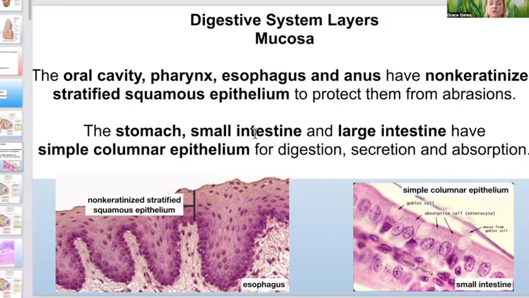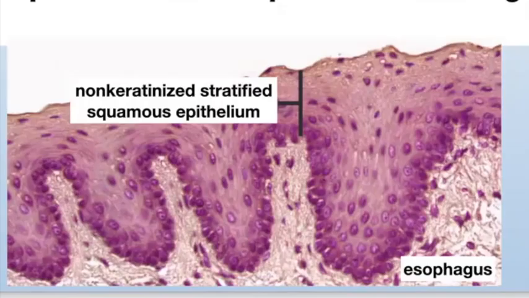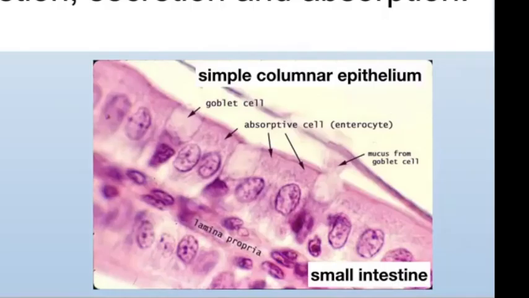The stomach, small intestine, and large intestine have simple columnar epithelium for digestion, secretion, and absorption. Below we have a picture of non-keratinized stratified squamous epithelium in the esophagus, which I hope is familiar, and also a picture of the small intestine with simple columnar epithelium with microvilli, which I hope is familiar.